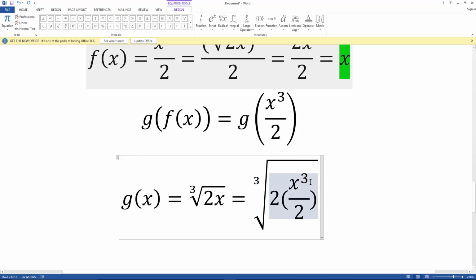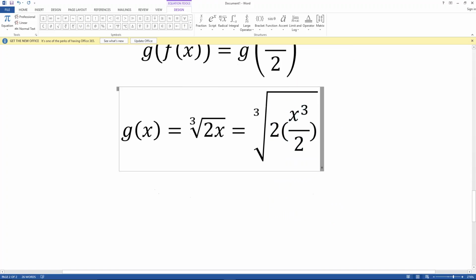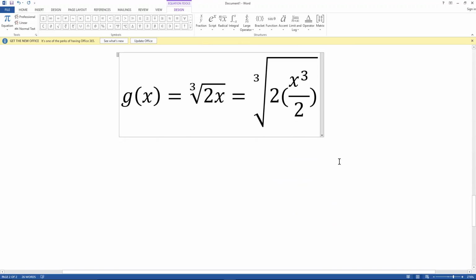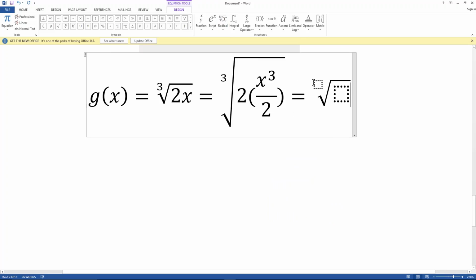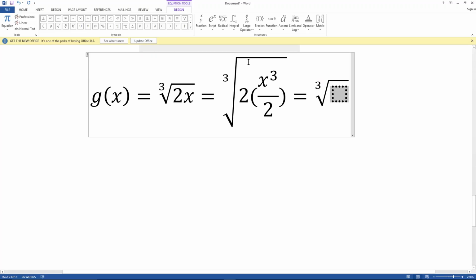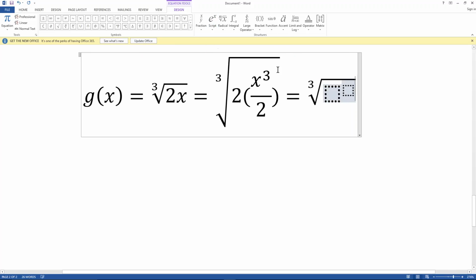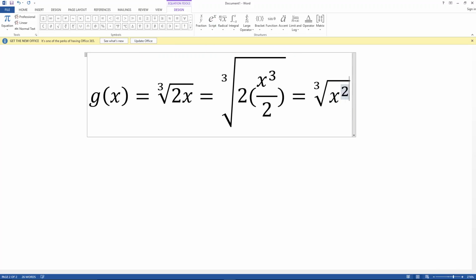You have to follow order of operations. What cancels first? The parentheses, so the 2's cancel. That's correct. So you're left with cube root of what? X cubed.